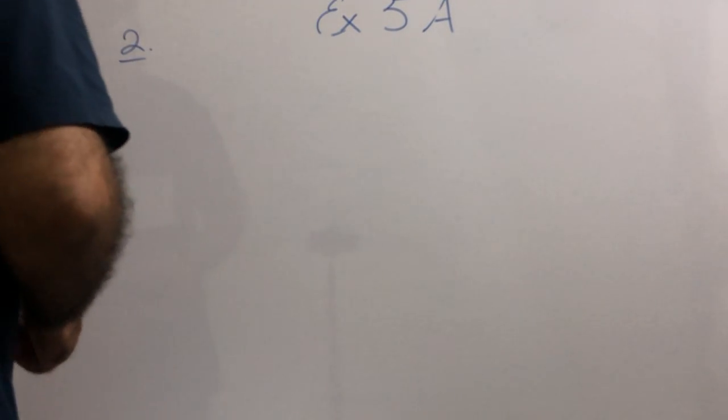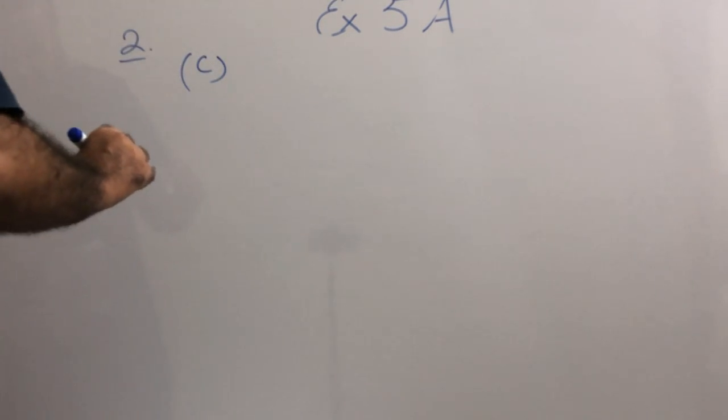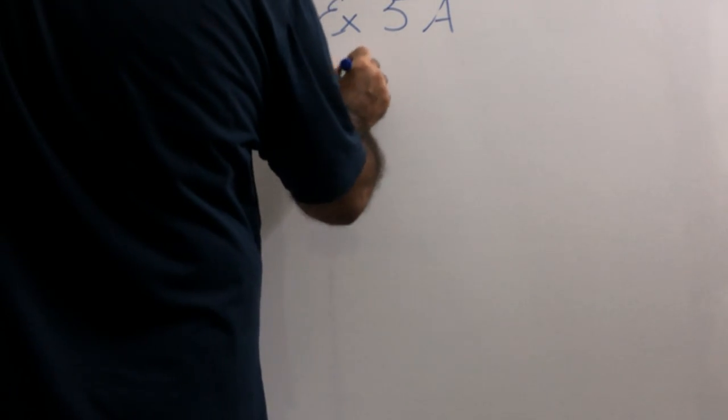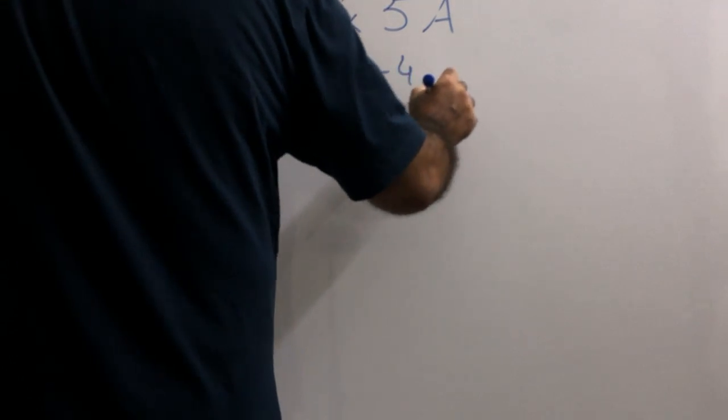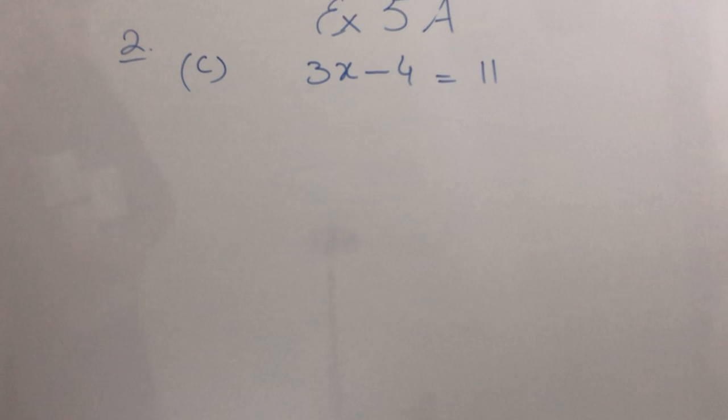Now we'll be doing part C. 3x minus 4 is equal to 11. Here we need to find the value of x. For that we need x alone on the left side of the equation.